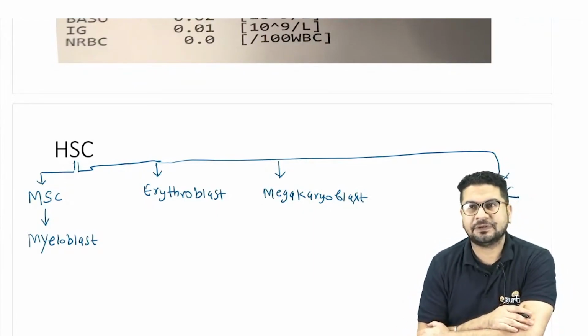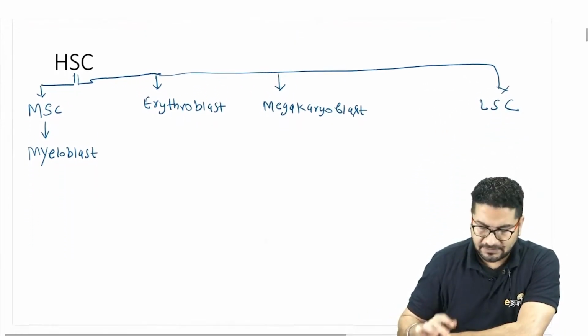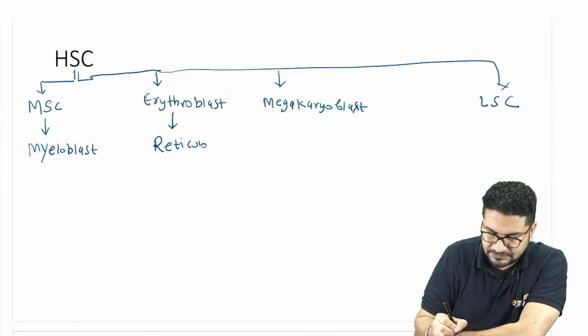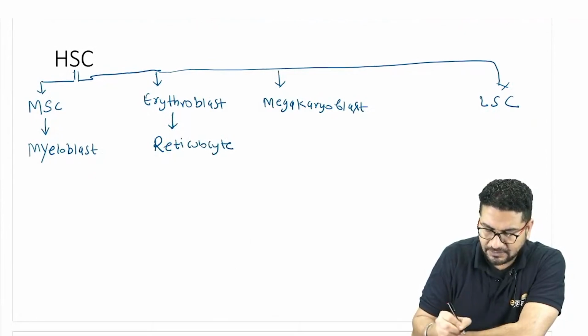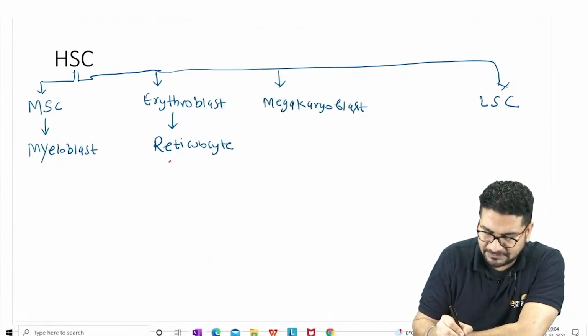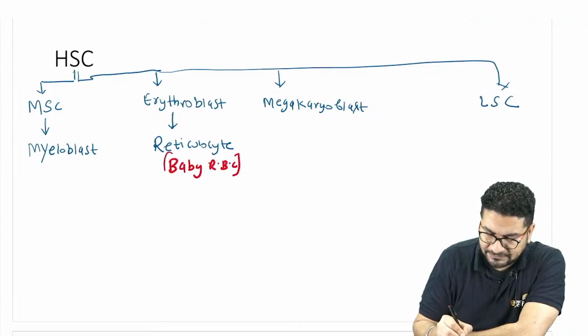Myeloid stem cell will produce myeloblast. Erythroblast will form your reticulocyte. So what is the meaning of reticulocyte? Understand this. Reticulocytes are nothing, you can remember, these are called baby RBC. Reticulocyte means these are your baby RBC.